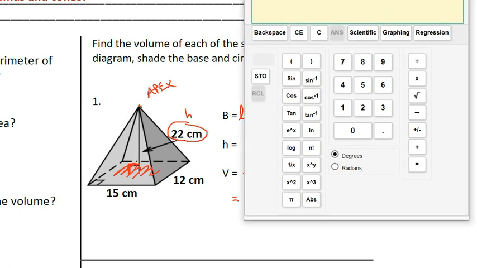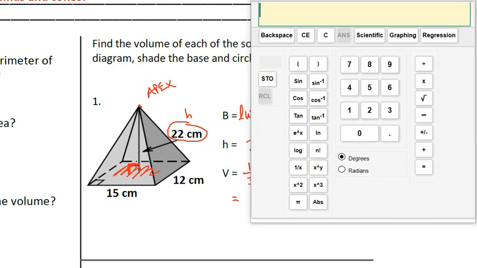Oh, there we go. All right, so class, when you put that formula into your calculator, put the 1/3 in parentheses, 1 divided by 3, that's what 1/3 means. And now you can put your formula in just like you normally would. So whatever the base area is, let's say it was 15.